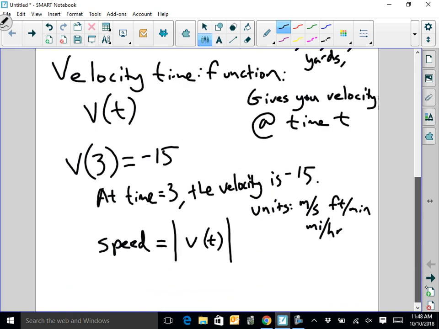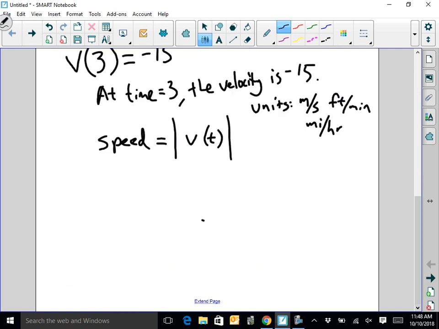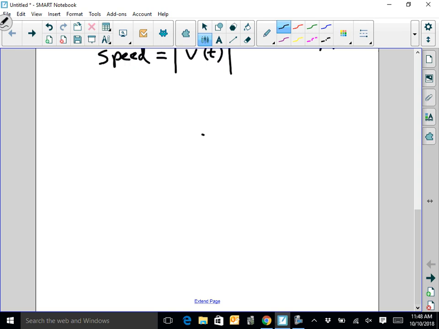All right, acceleration. So an acceleration time function is A of t.